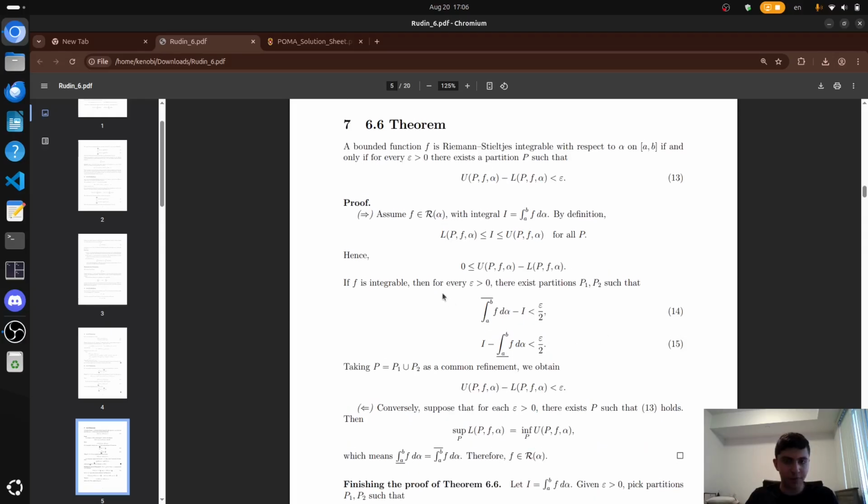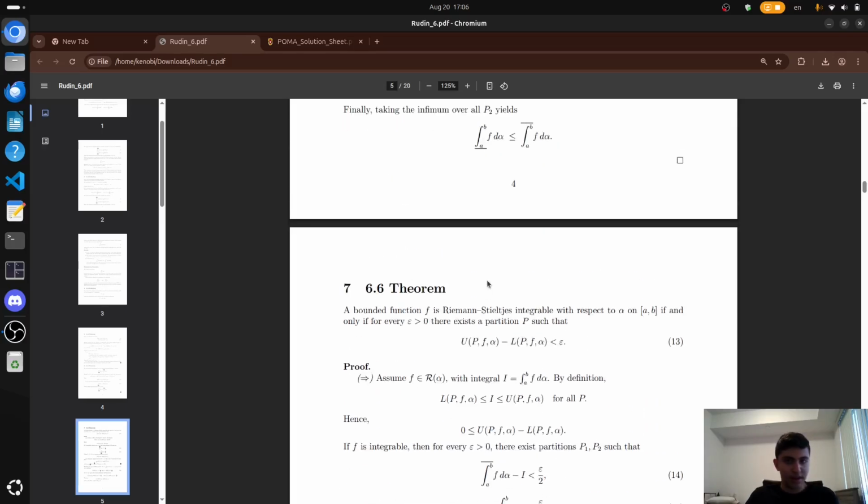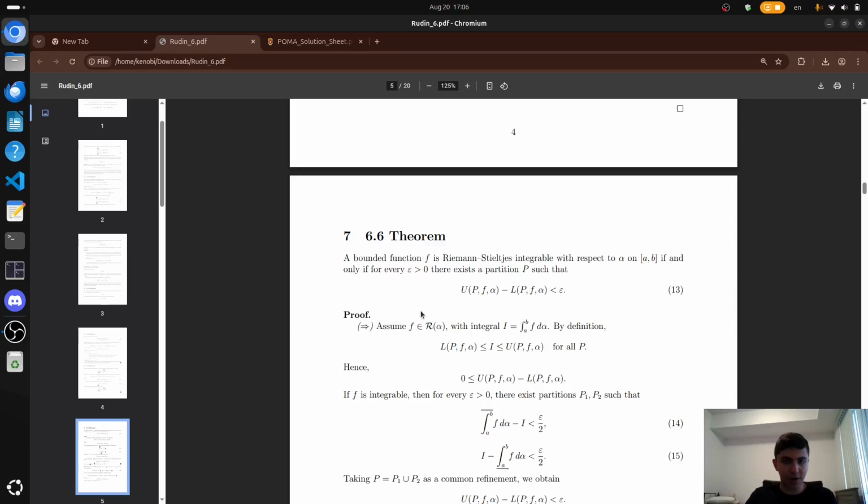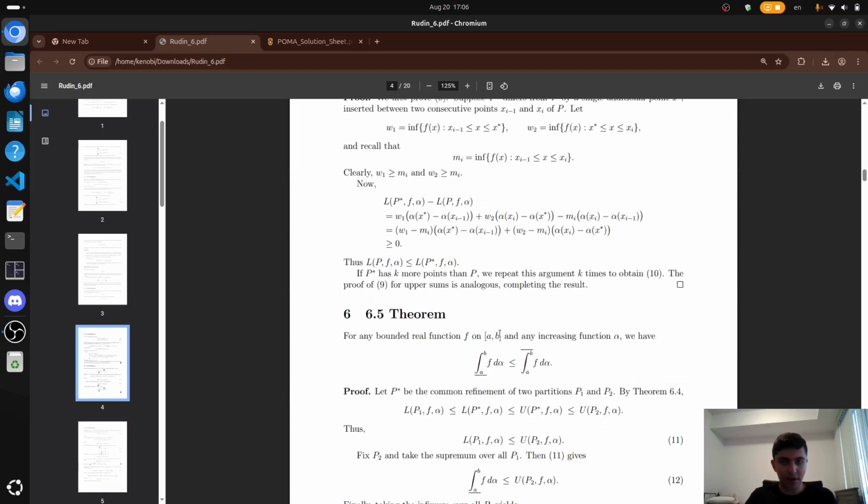So let's read the proof. Assume f is in R(alpha) with integral I equal to the integral from a to b of f d alpha. So basically, just follow with me because it's not really well written over here.